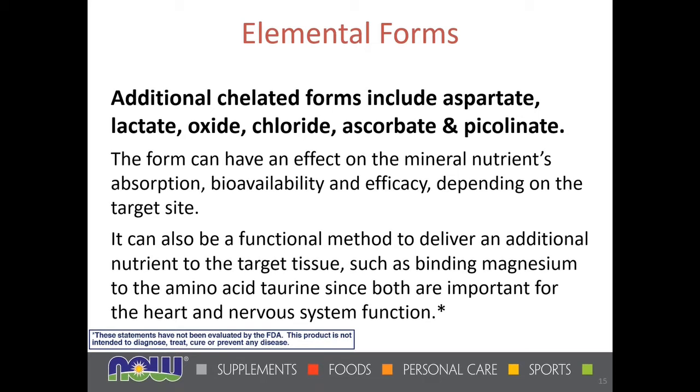Now, I mentioned these are chelated forms. Oxides, for example, and chlorides are not typically made. They're typically found in nature.